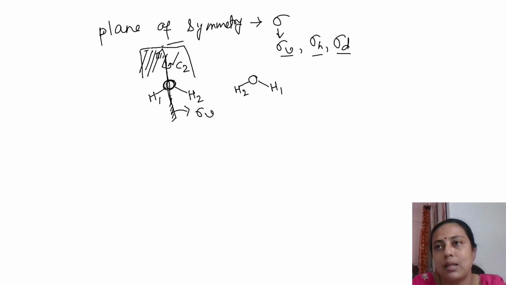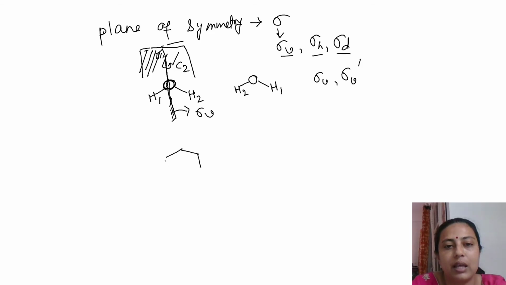That also bisects the molecule and gives me an indistinguishable structure. So we say that water possesses two vertical planes which we designate as sigma V and sigma V prime. Now come to an example of sigma H.